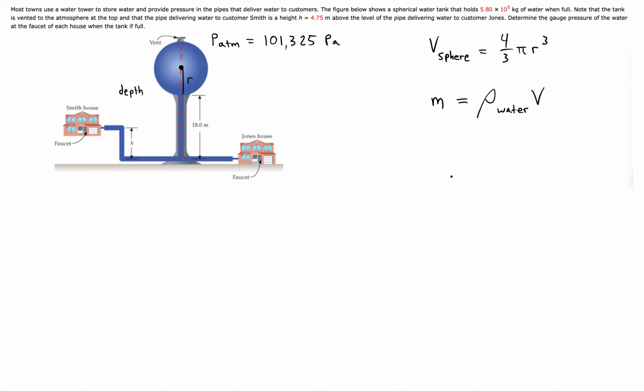We know what the mass is. It's 5.8 times 10 to the 5th kilograms. Density of water is something we can look up easily. It'll be 1,000 kilograms per meter cubed. And then we could find the volume of the tank.